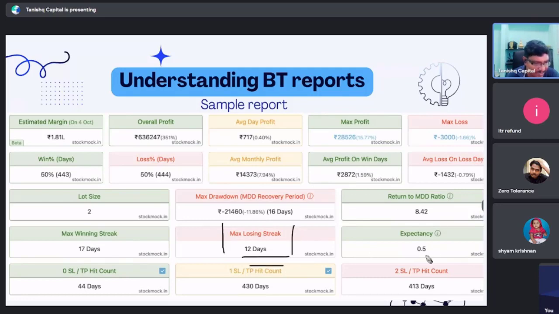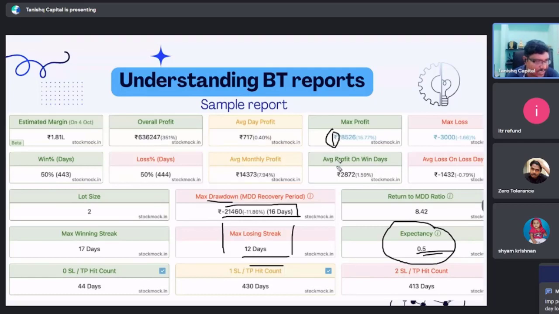And next, expectancy. What does this mean? Let's assume my max drawdown happens immediately on the first day. Then it will take the next 16 trading days to recover my drawdown. Will you be okay with that?